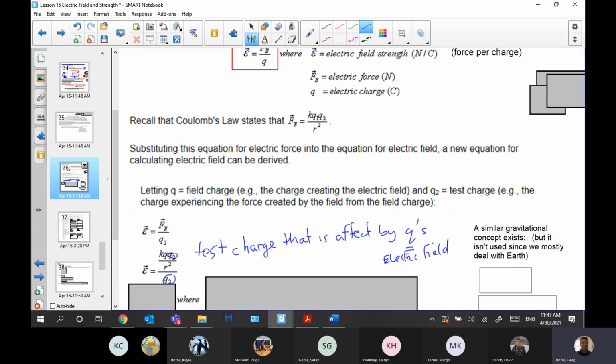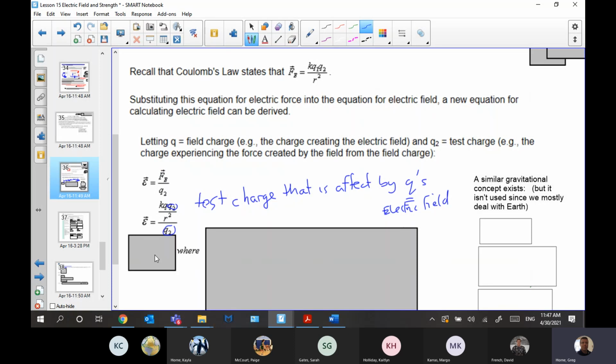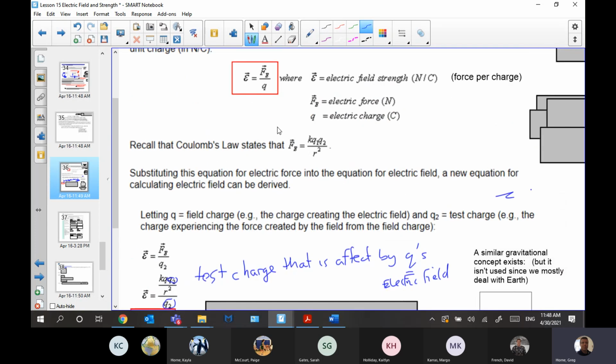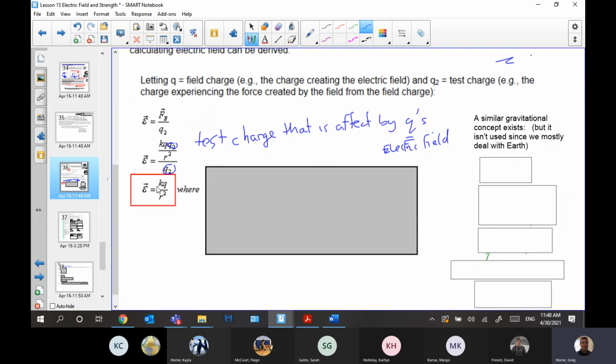Don't worry about the gravity part for now. So that mathematically is going to cancel out, and we're left with curly E. Yeah, so we get that curly E can be written as Fe per Q, force per charge, or it can be written as kQ over r squared.